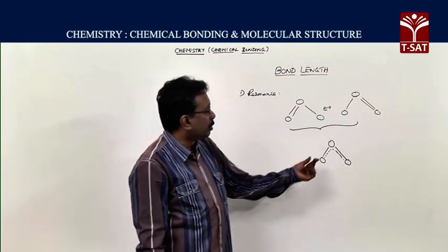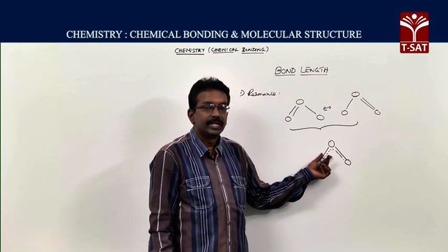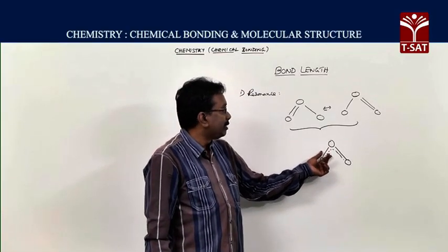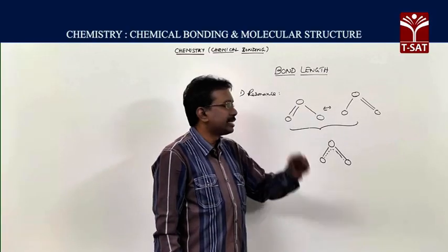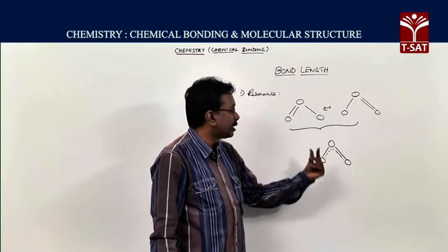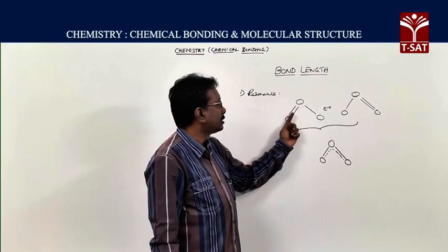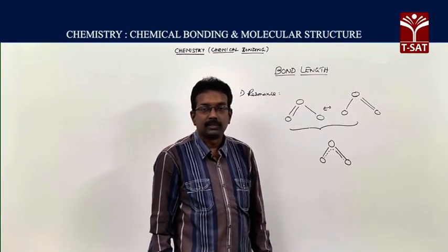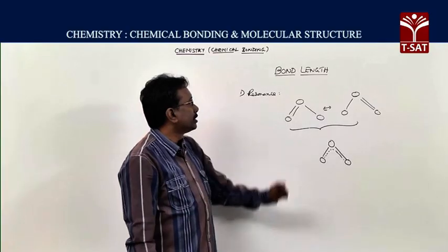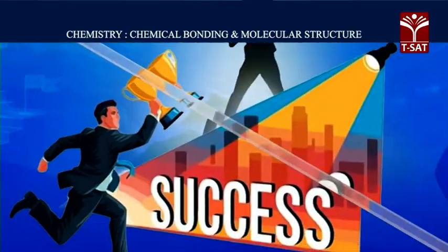That too, this bond length value is always intermediate between the double bond as well as the single bond. That means in the ozone molecule, the oxygen bond length is less than the single bond length and more than the double bond length. Like that, resonance definitely influences bond length.